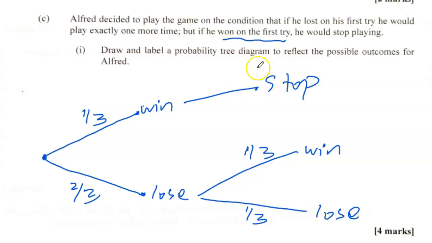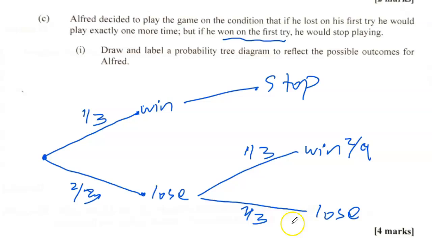Alright? Let's write this out now. So let's multiply along the branches here now. So 2/3 times 1/3, that's 2/9. Loses 2/3, sorry.